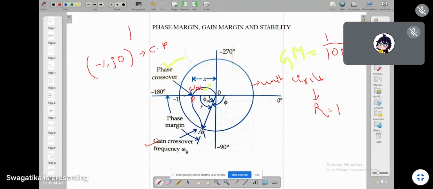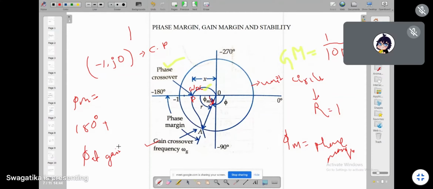And this is your phase margin. You can see this angle is your phase margin, PM. The phase margin PM is equal to 180 degrees plus the phase at the gain crossover frequency, or simply, the phase at omega GC.